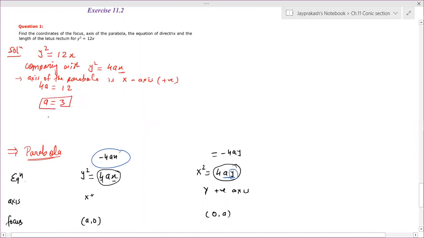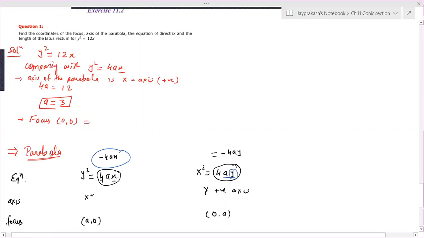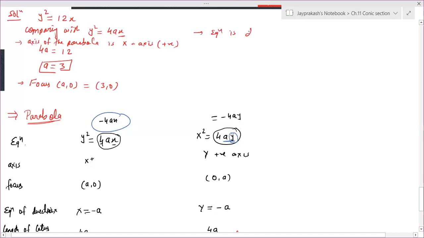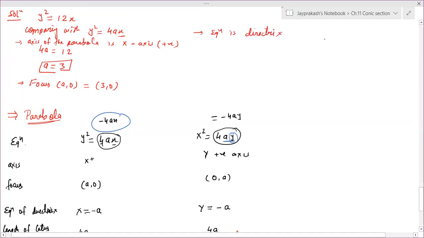When a is equals to 3, we can also find the focus. Here the focus is a comma 0, so that is 3 comma 0. Now we need to find the length of latus rectum and the equation of directrix. The equation of directrix is x is equals to minus a.